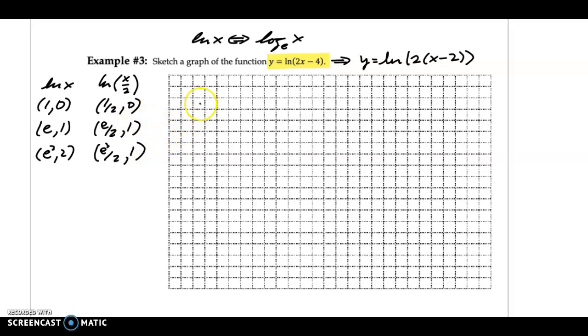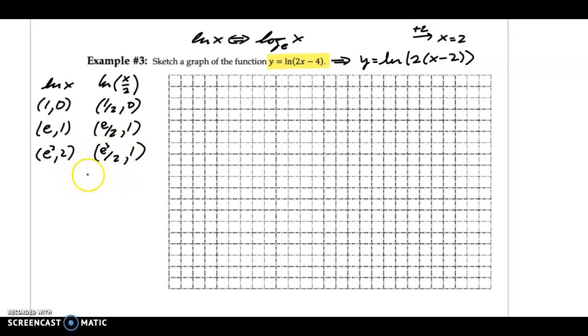I can then do the final one, which is just a shift. This is a shift to the right, x equals 2, so it's going to be plus 2. So x shifts right by plus 2.